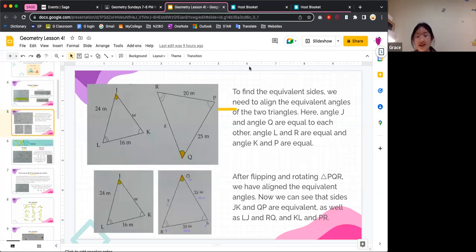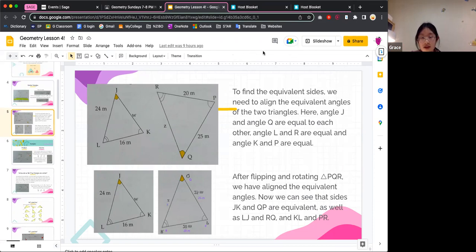All right, so here are some examples. Sometimes similar triangles are not perfectly lined up with each other. One of them might be right side up, the other upside down, so you have to rotate it so that the angles match up.